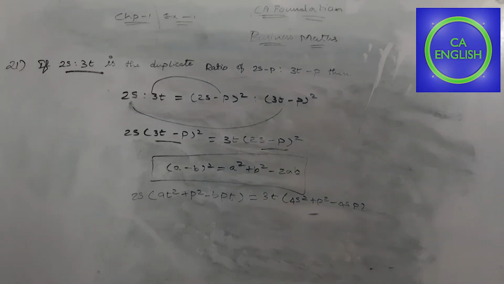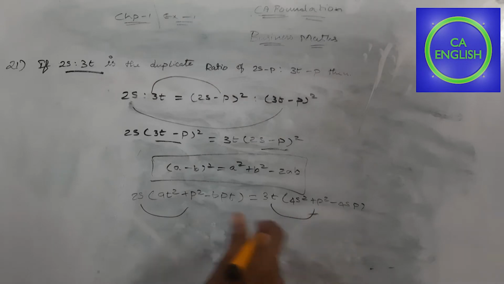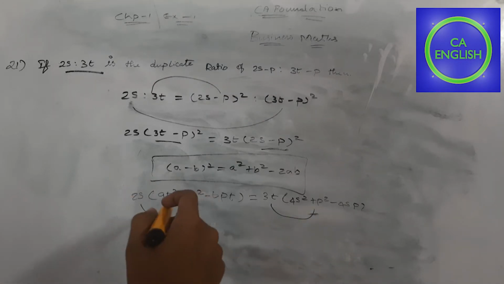Okay, next we want to multiply these 2s and 3t inside the expanded formula.